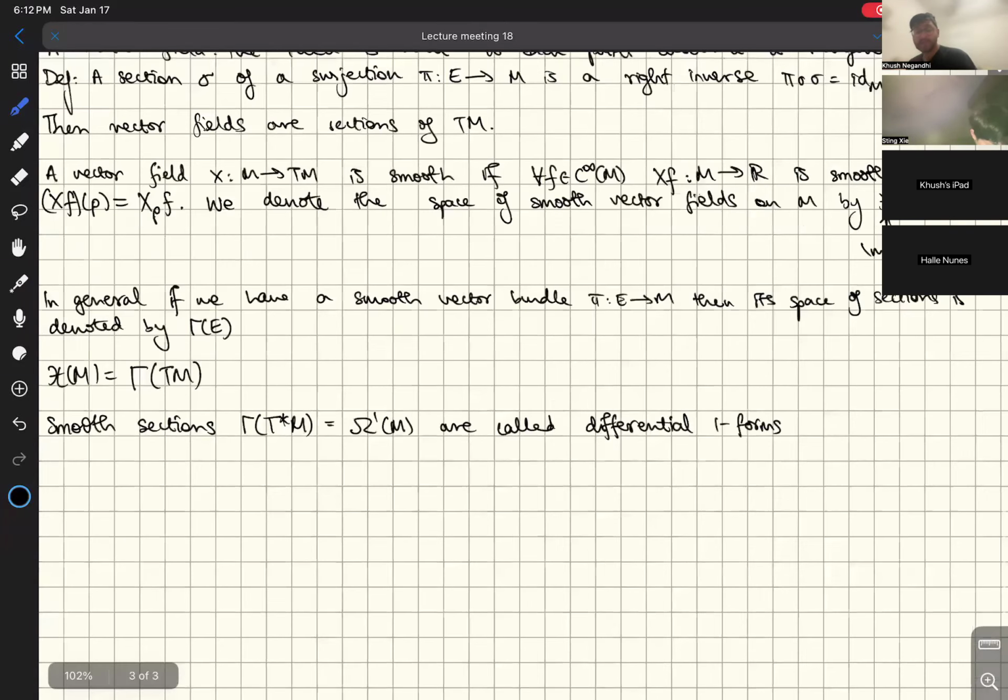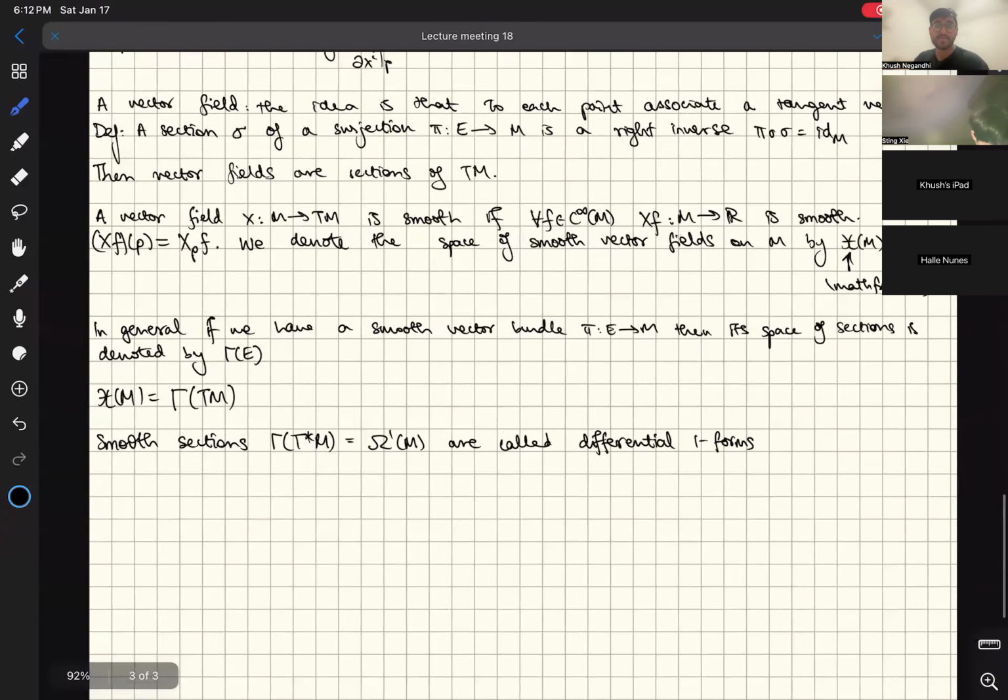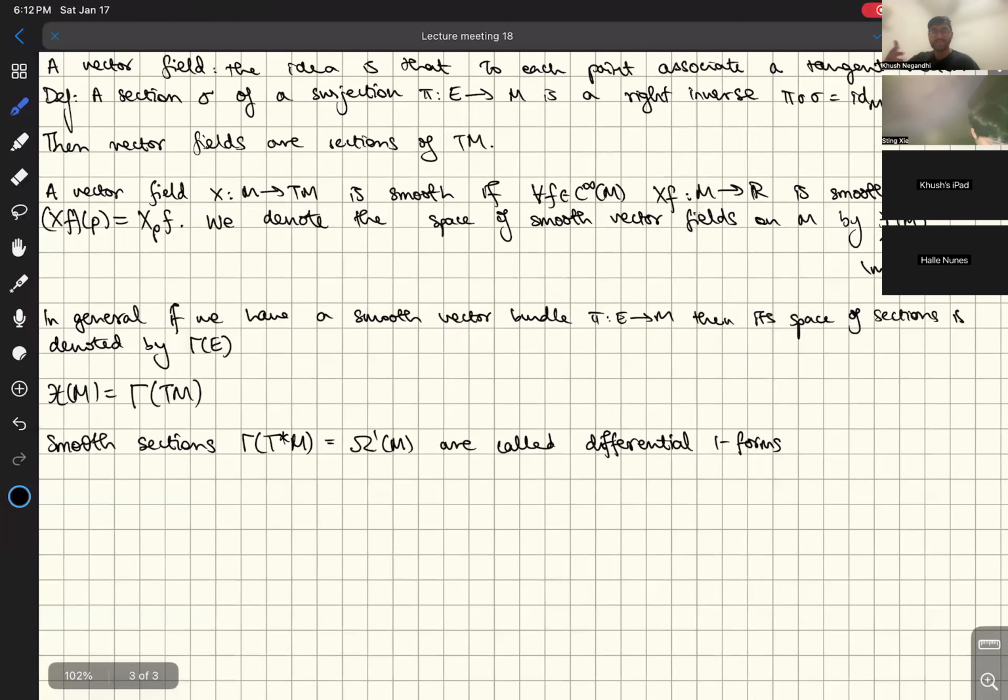So we have finally introduced the notion of a differential form. And all a one form is, is that at each point you associate a covector in a way that is smooth. Are there any questions about what one forms are?